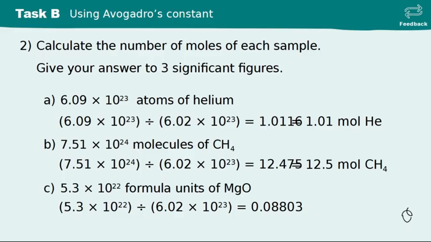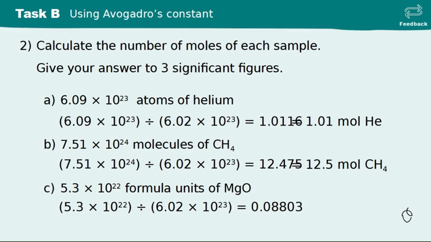Okay, so for A, we can simply divide 6.09 times 10 to the 23 by Avogadro's constant to give us 1.01 moles of helium.